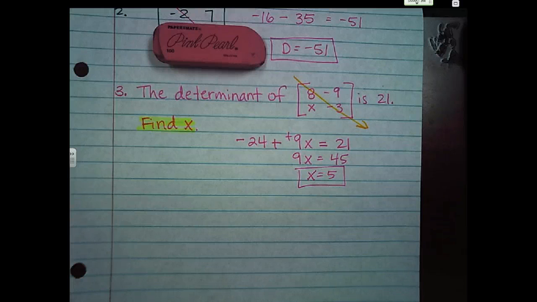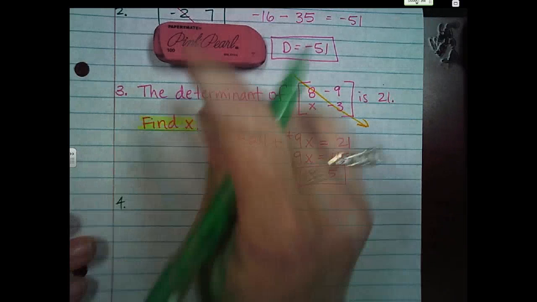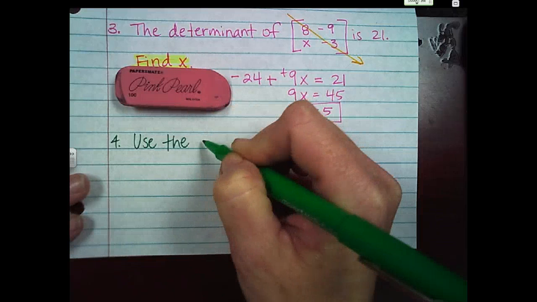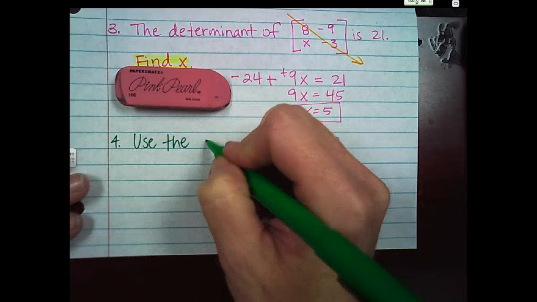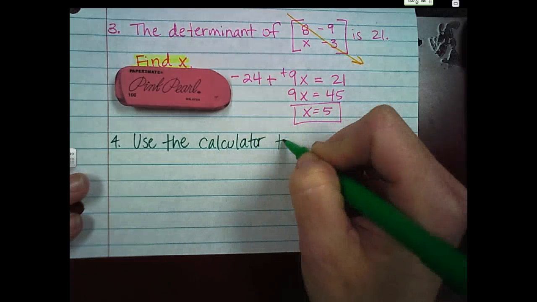All right? So I'm going to give you, it says use the calculator problem here. And you want to type or write down the steps to help you. Use the calculator to find the determinant.